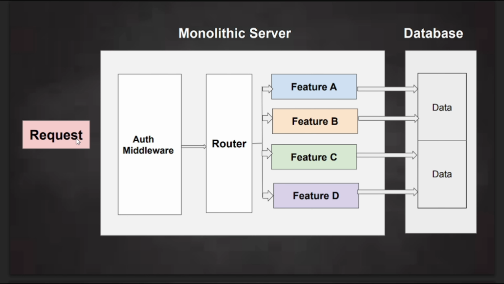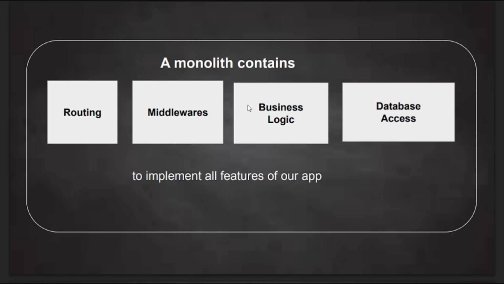So if we have to categorize what is a monolithic server, we can summarize it by saying that the monolithic model contains all the routing, middlewares, all the business logic and all the database access code required to implement all the features of our app.